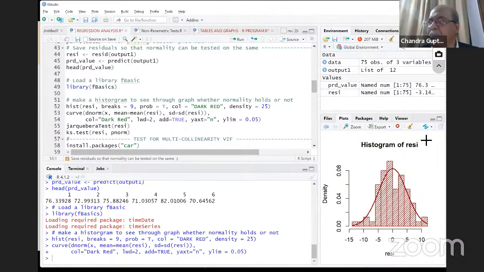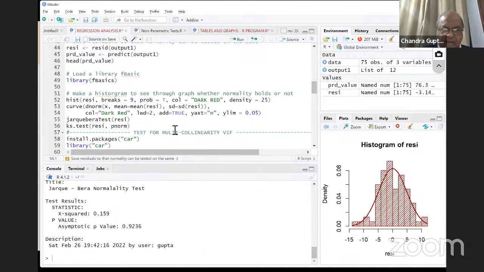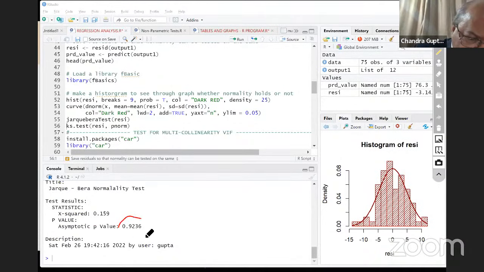Which test you people use for testing normality? Anyone else? Okay. But we use Jarque-Bera test. If the asymptotic p-value is more than 5%, that means distribution is normal distribution.